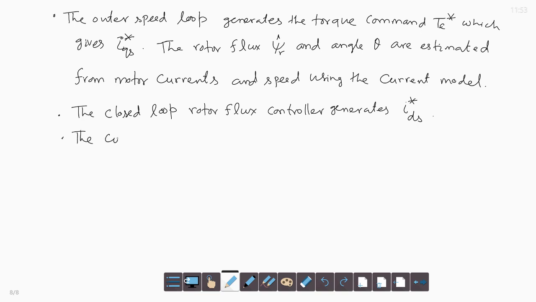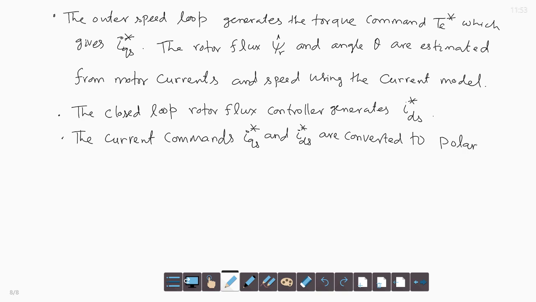The current commands, torque component of the current IQS star and flux component of the current IDS star, are converted to polar coordinates, that is IS hat star and theta star.